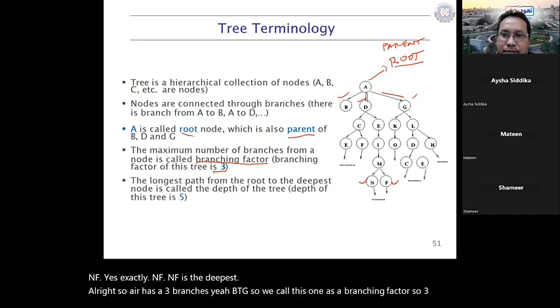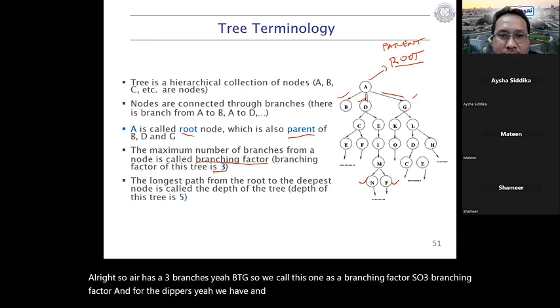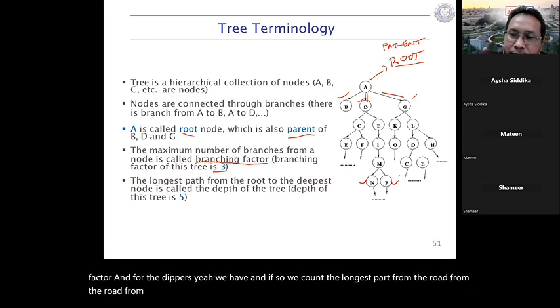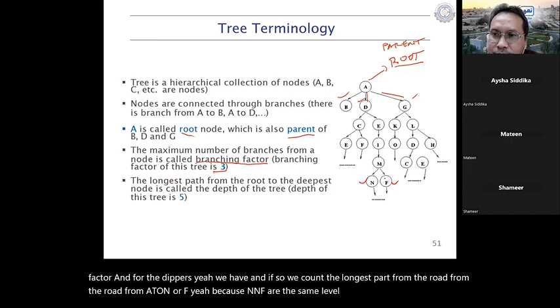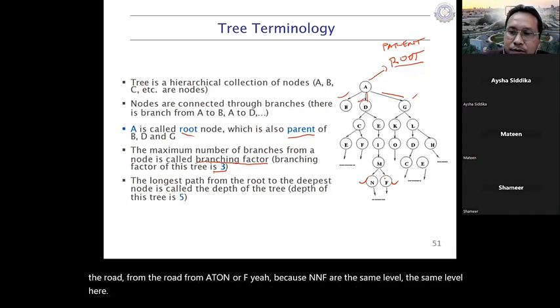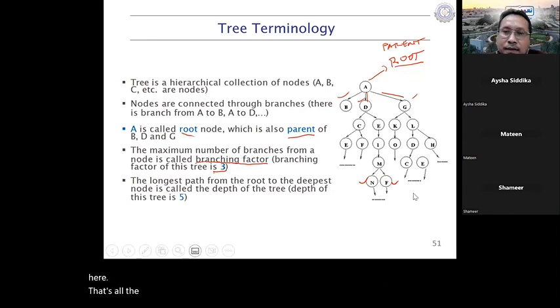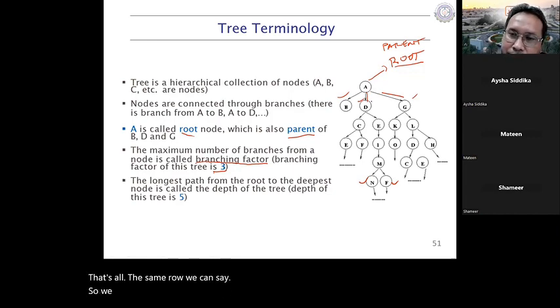For the deepest, we have N and F. We count the longest path from the root, from A, to N or F, because N and F are at the same level, the same row. So we count from A, then D, E, I, M, and N, or M and F. So how many levels are there here? D, E, I, M, F, or M, N? How many?